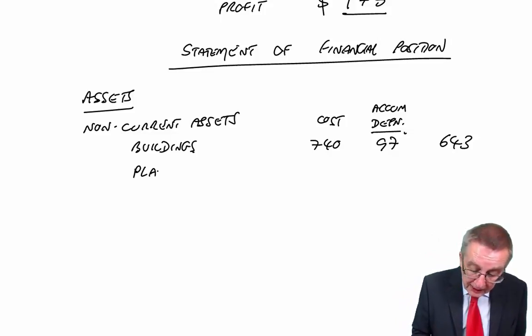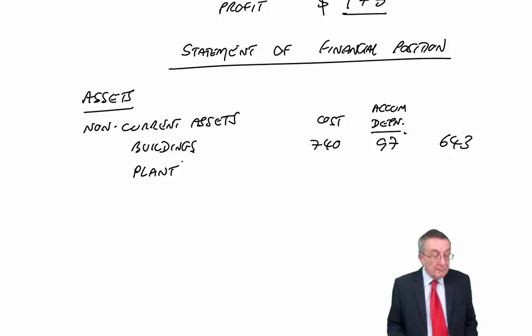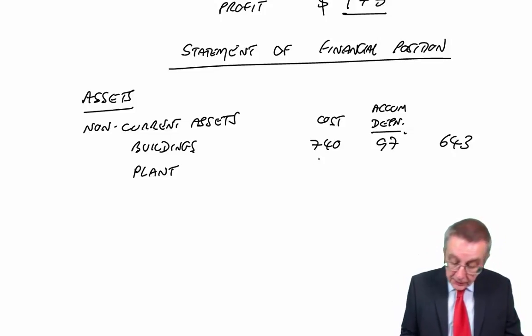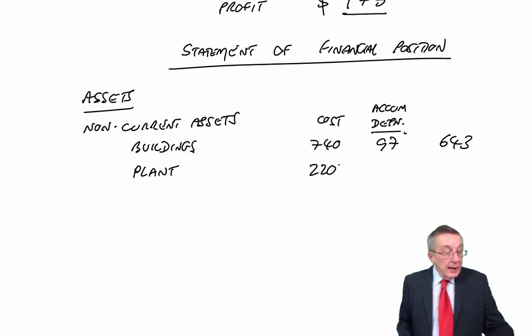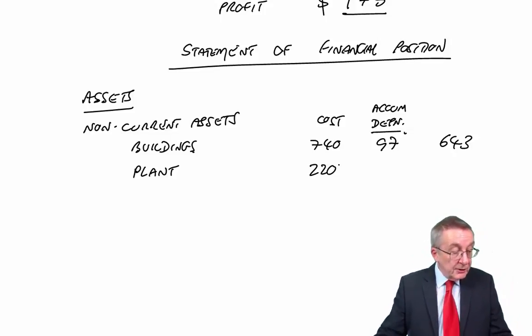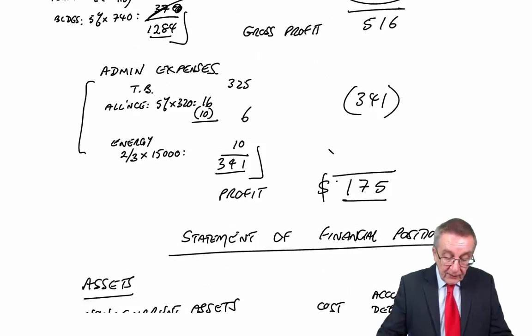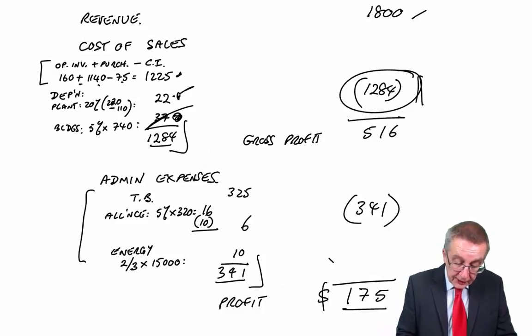We've also got plant. The cost hasn't changed and is 220. The accumulated depreciation on the trial balance from last year was 110. This year we had an extra 22.